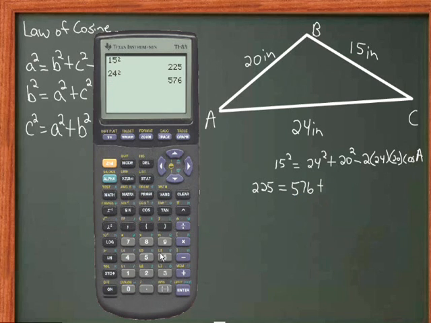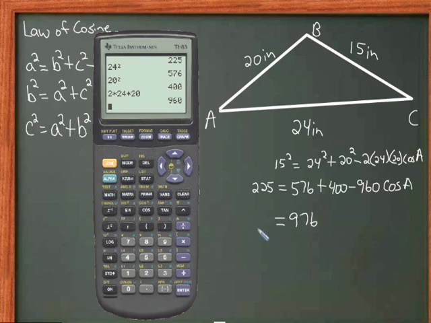And 20 squared is 400. Then 2 times 24 times 20 is 960. So I'm doing it little by little. Now I'm going to add these two together: 576 and 400 is 976.